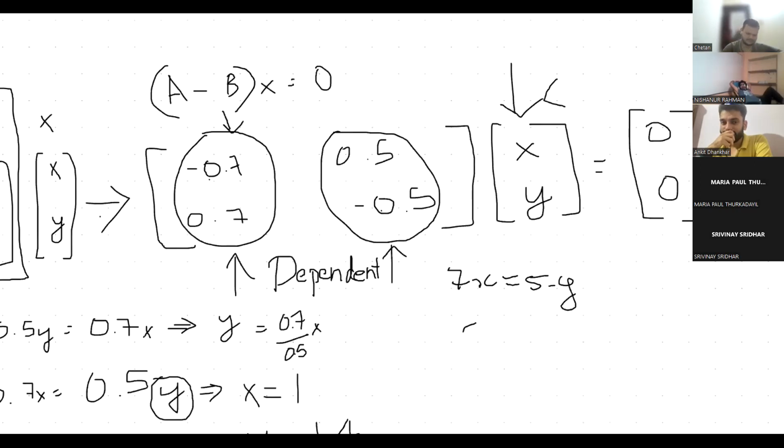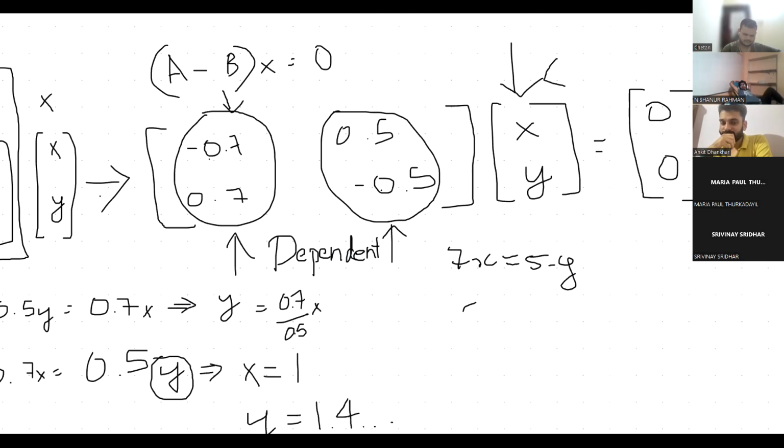Just think about it this way: what we got earlier and this matrix are actually exactly the same thing. When we solved, we actually got y equal to 0.7 by 0.5, right? This thing that I'm circling here, we got that. Now forget about the solution, everything, and just write this as an equation.